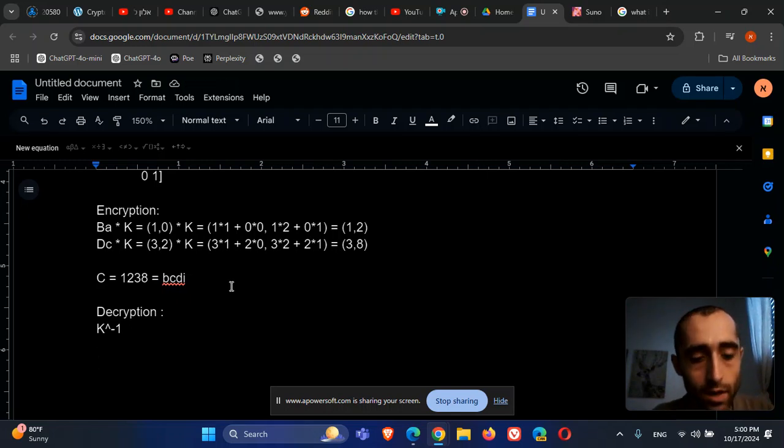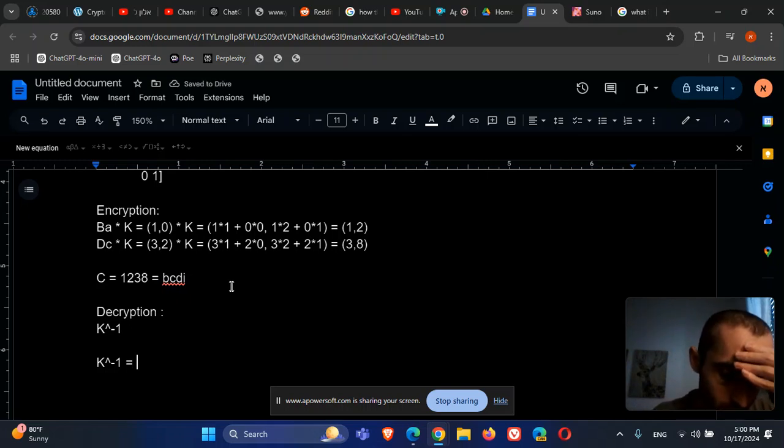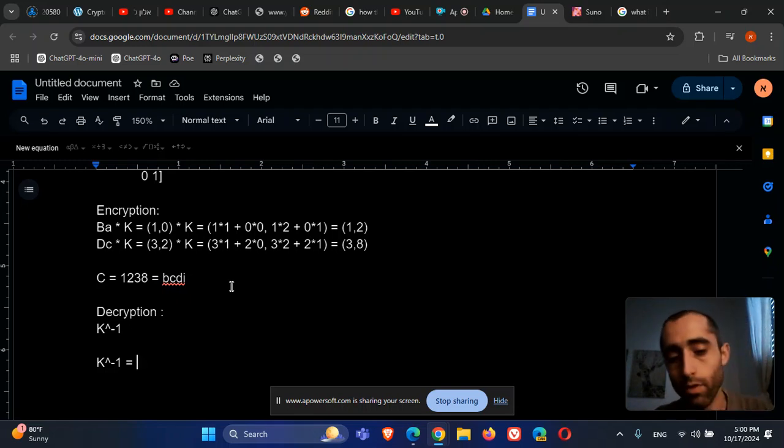So let's calculate the inverse of the matrix. I won't calculate it, I'll just tell you what it should be. Now, how can you calculate it? You can calculate it with row operations, whatever you want. It's not very nice.